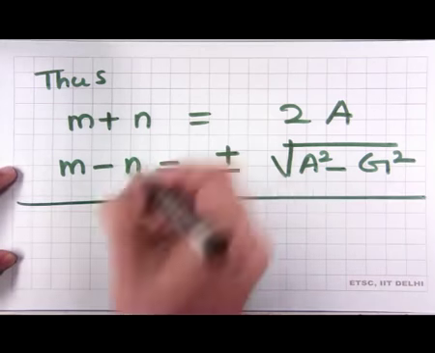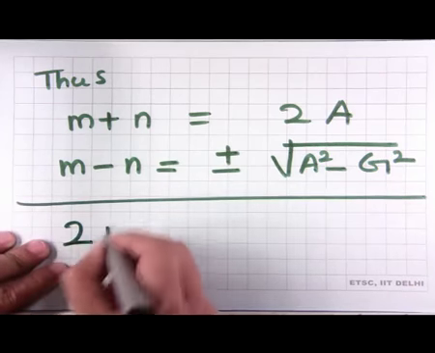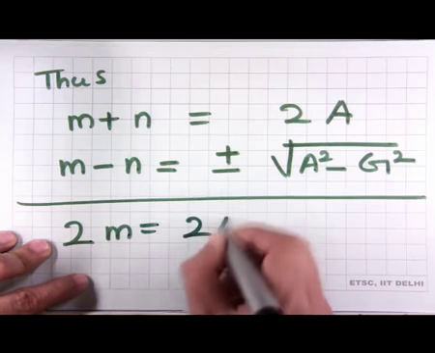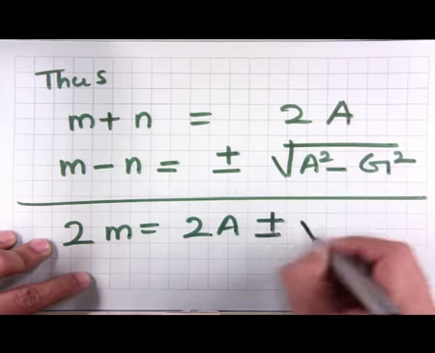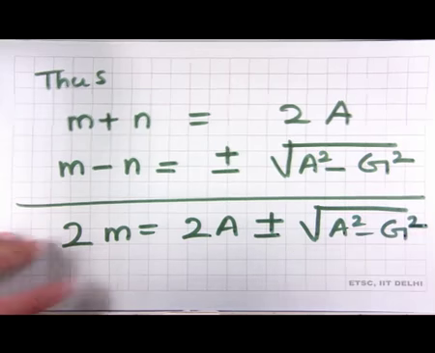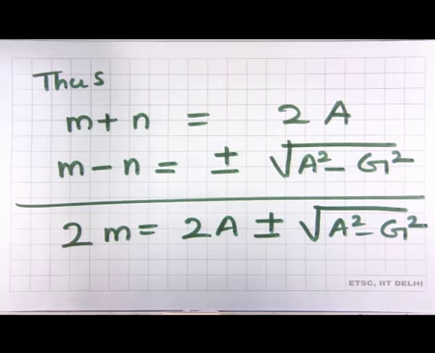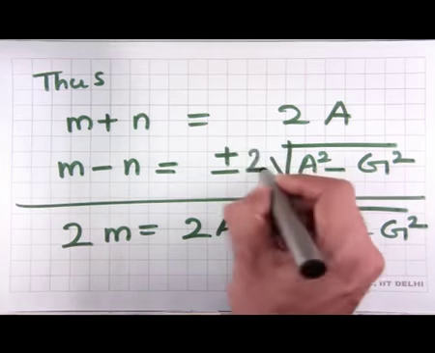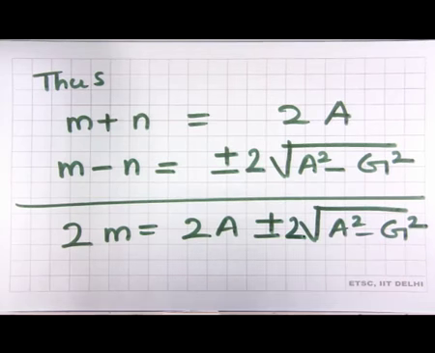Let us add these two to obtain 2m is equal to 2A plus or minus 2 times root of A square minus G square.